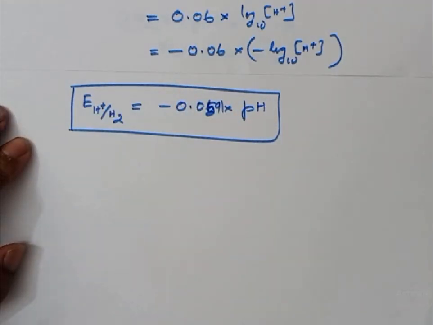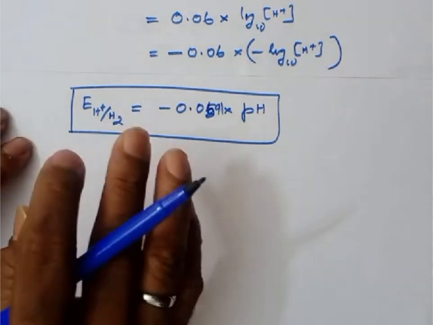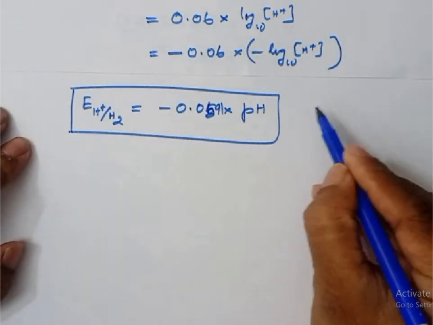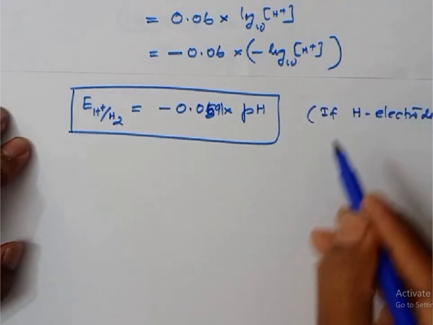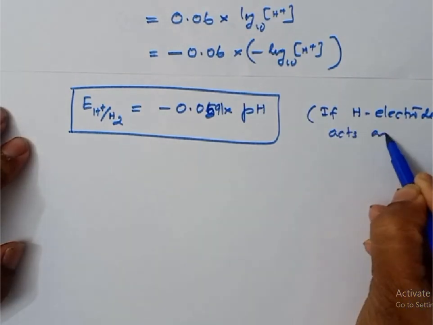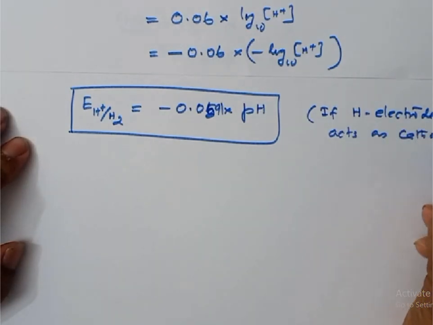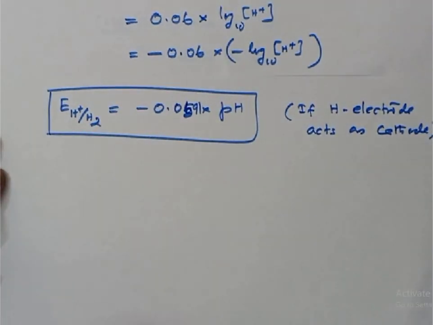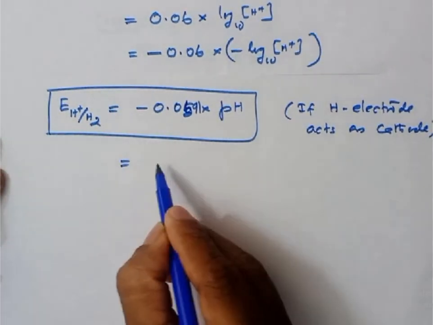In the last class I gave the relation for the hydrogen electrode acting as anode. Now, if the hydrogen electrode acts as cathode, then this is the relation.